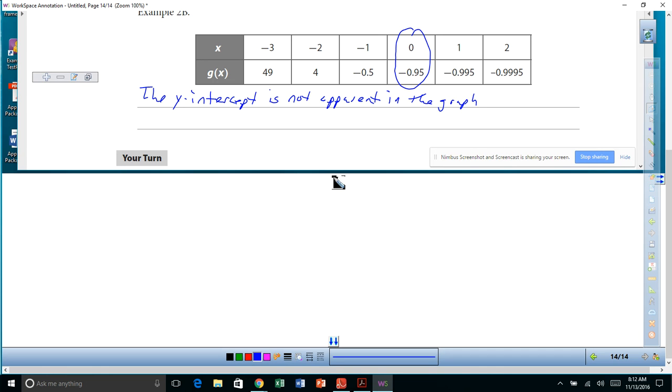The asymptote appears to be -1 in both. See how it's getting real close to, yeah, so the asymptote appears to be -1 in both. All right, good.